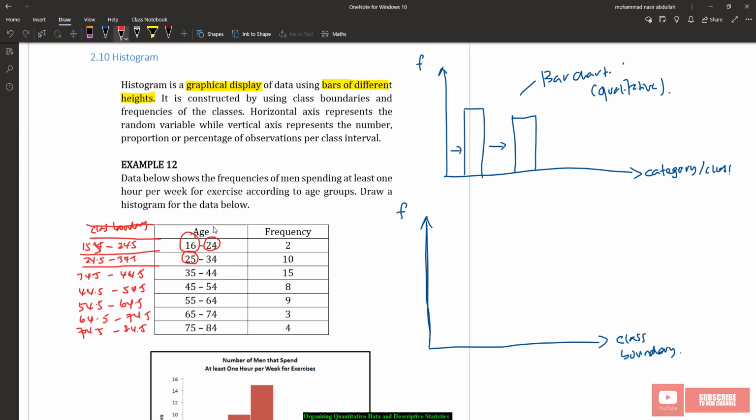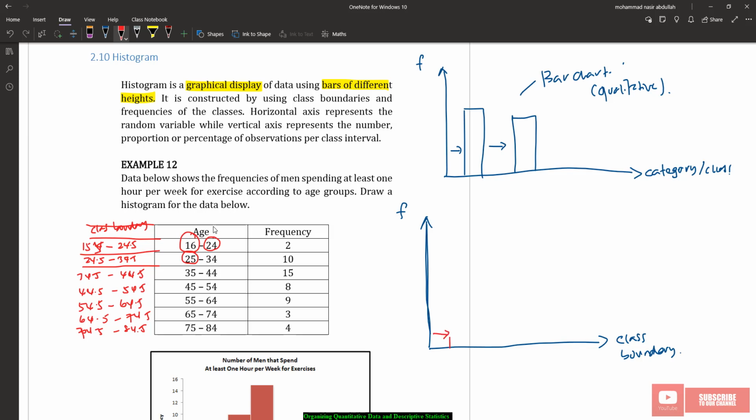Okay. To construct a histogram, as we know, the x-axis is your class boundary. Listen carefully, this is very important. So to create the first bar, we leave some space.